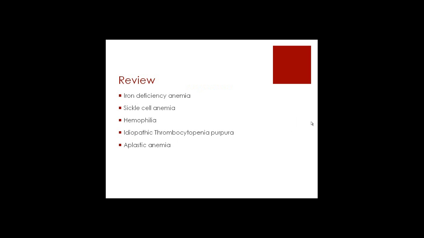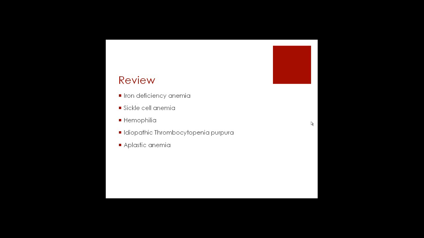So pretty much in review, for iron anemia, we didn't have enough iron, so not enough hemoglobin. For sickle cell anemia, the hemoglobin was replaced by hemoglobin S, which is the sickle kind, leaving decreased function for red blood cells.